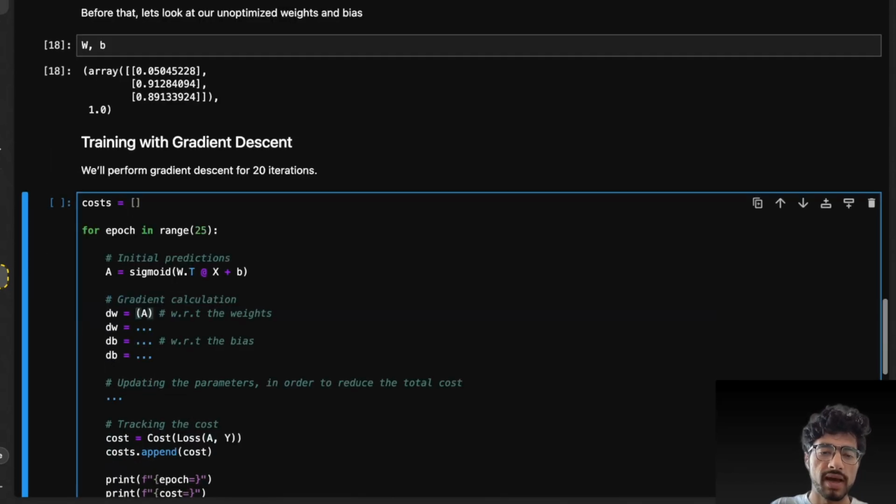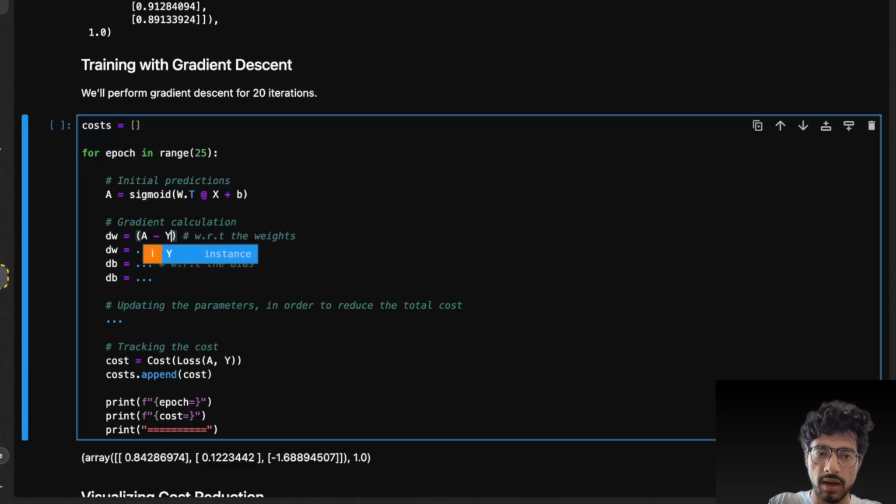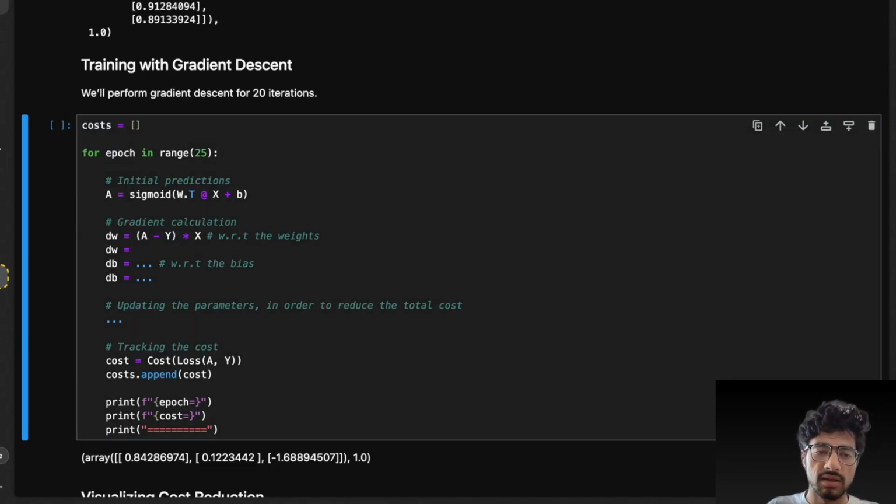And the formula for that is A minus Y, and multiply that with the weights. Now, this formula you can either calculate yourself, you can find it online, but you don't really have to memorize it because all the libraries already have that.